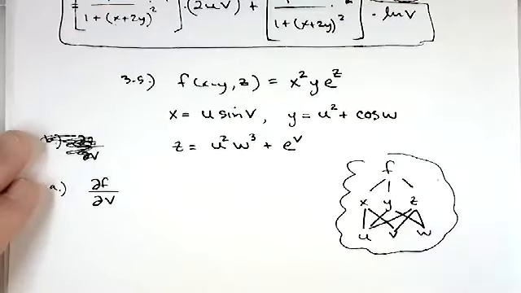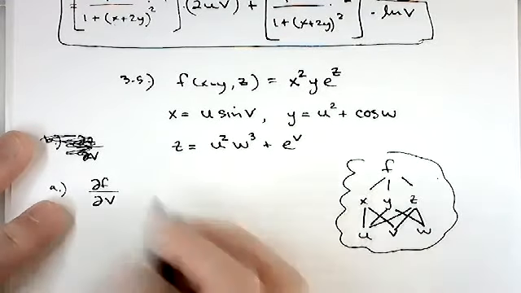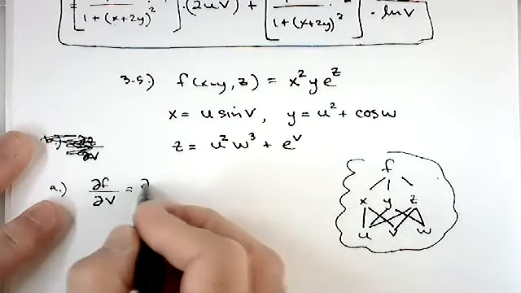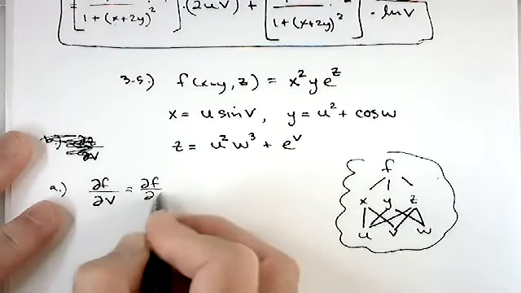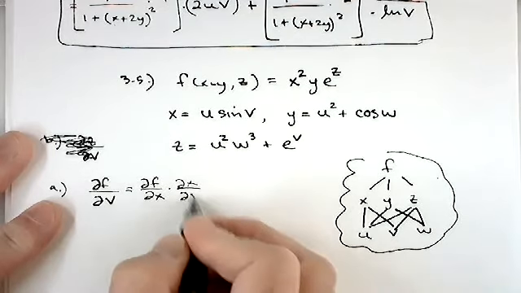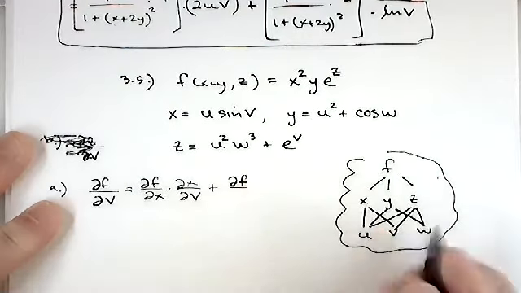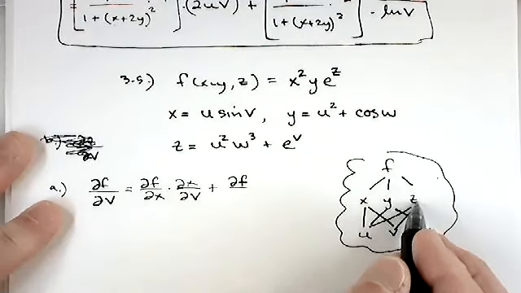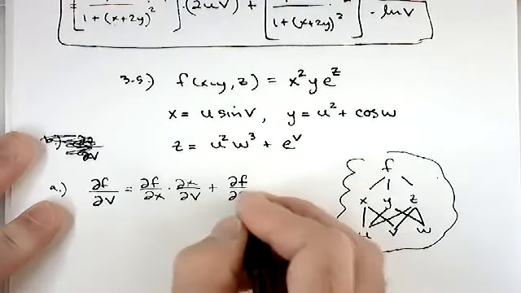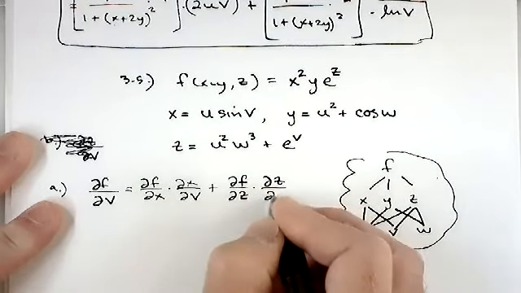Crazy. But I can see that there's only 2 pathways that take me to v. So I can follow this. Partial of f with respect to x times the partial of x with respect to v, plus the partial of f with respect to, what's the other one? Z, times the partial of z with respect to v.